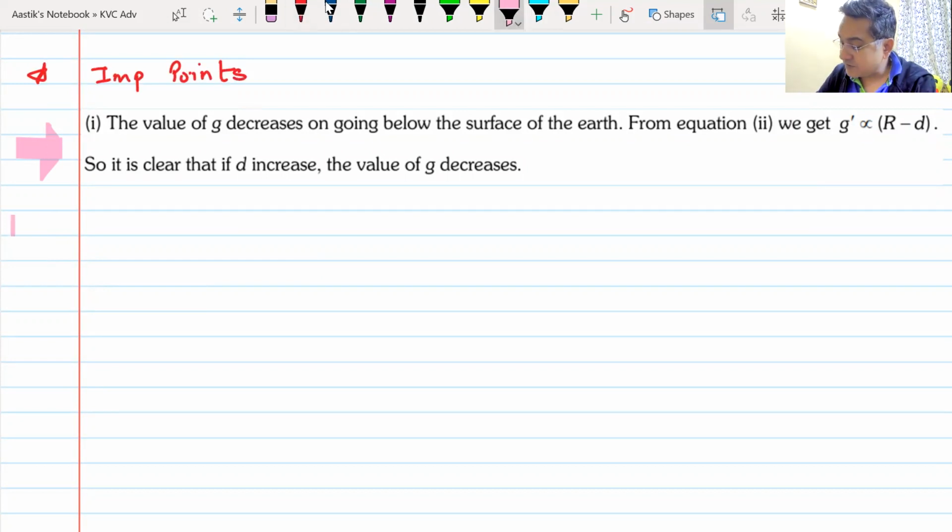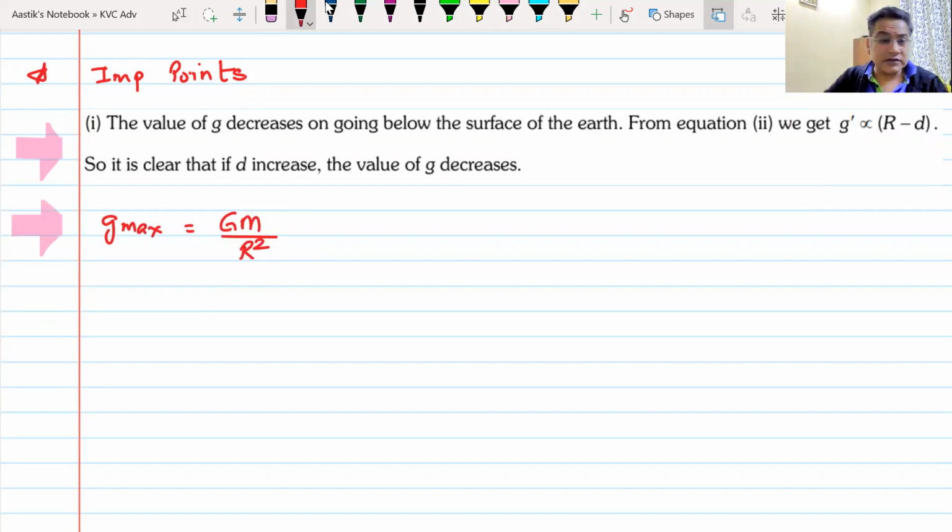In fact, you must remember the value of g is maximum, GM by R square, on the surface of planet Earth or any other planet which is spherical in shape. Most of the planets are spherical in shape. Then you can also understand what is the value of g at the center of the earth?